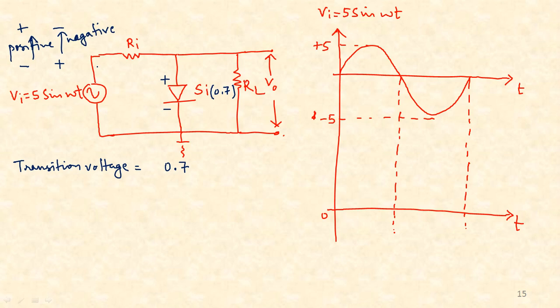You are trying to go round, moving in this direction, positive to negative, so it should be minus 0.7. However, it is wrong. It is plus 0.7.